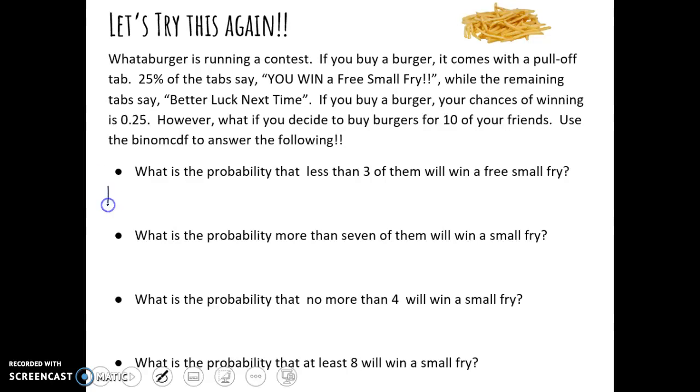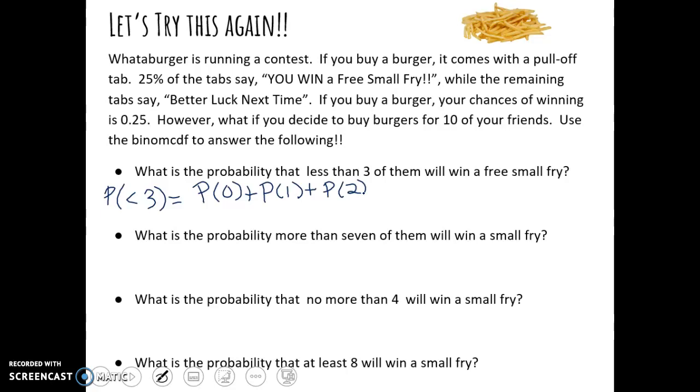When we want the probability that less than 3 of the hamburgers will win a free small fry, what does that mean? Less than 3 are the numbers 0, 1, or 2. And when or is implied, we add the probabilities.